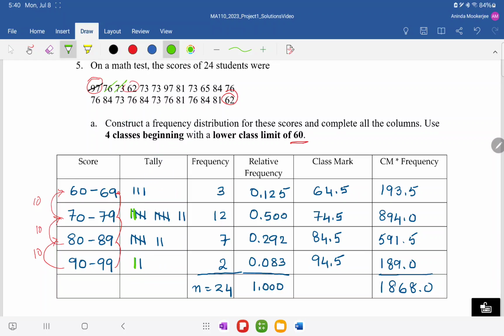And once you complete your tally, you list in the frequency column the count of the tally. So for the first one, it's 3. So the frequency has 3. Then for the second one, 70 to 79, we have 5 plus 5, 10 plus 2, 12, and then 5 plus 2, 7 for the third interval, and then just 2 for the last interval.